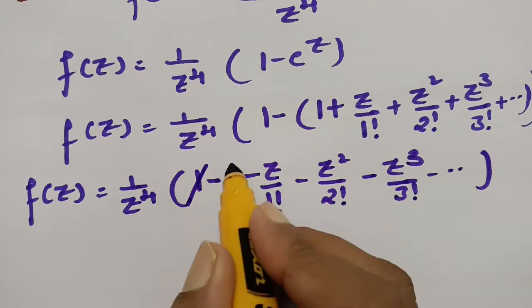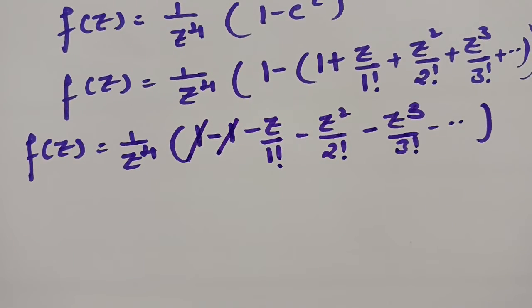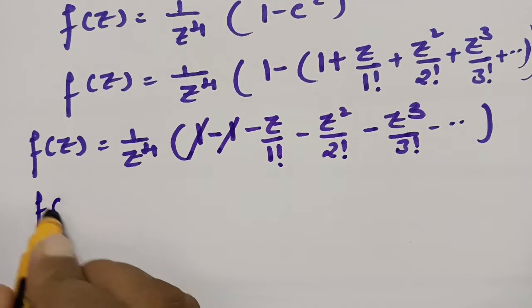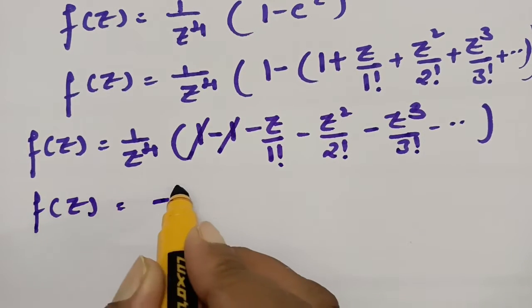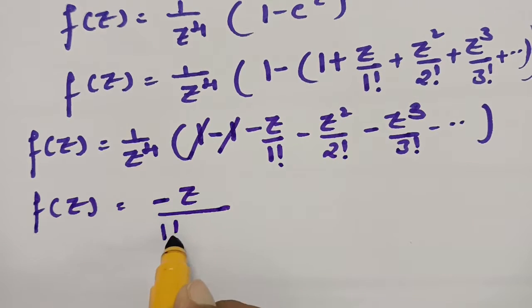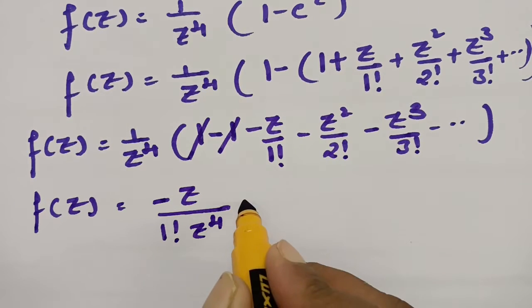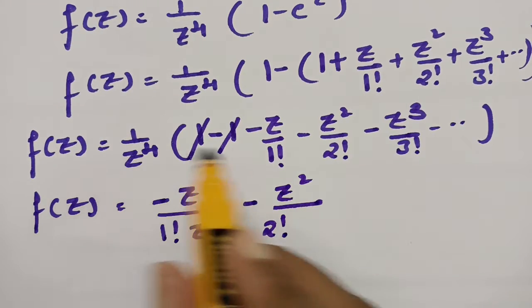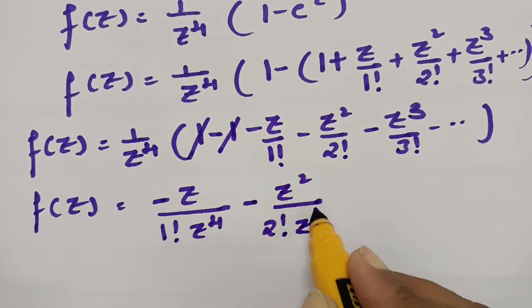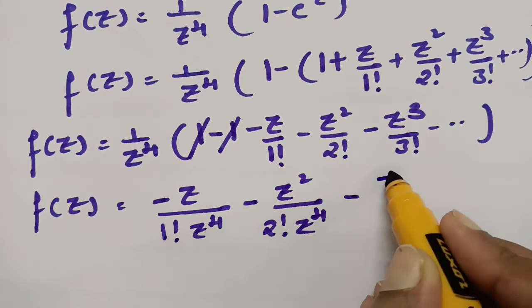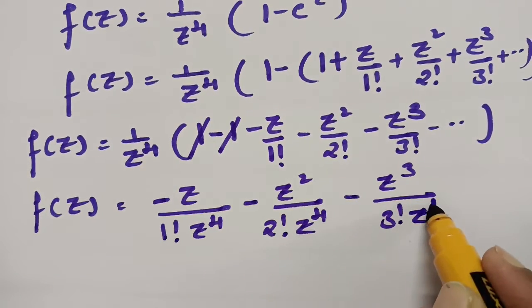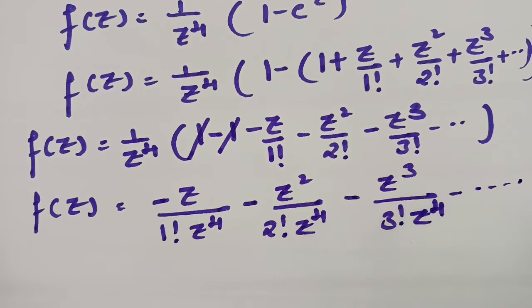See here, now I can cancel this +1 and -1. So if I send this z^4 inside, then f(z) can be written as -z/(1! z^4), -z^2/(2! z^4), -z^3/(3! z^4), - and so on.